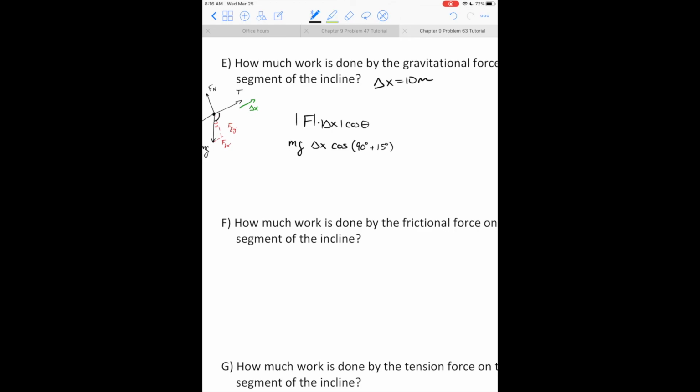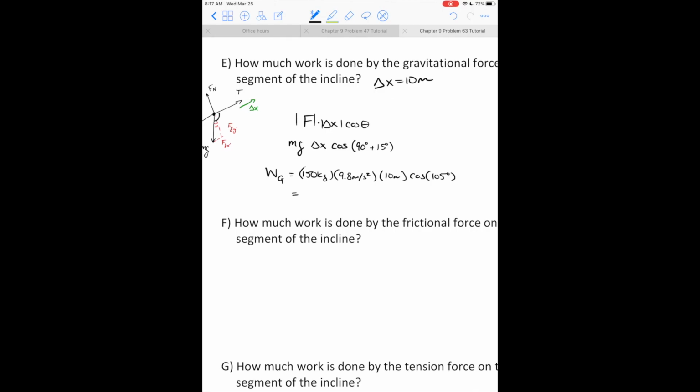If I calculate that, I have 150 kilograms times 9.8 meters per second squared times 10 meters times cosine of 105 degrees. Make sure that you're in degree mode and not radian mode.